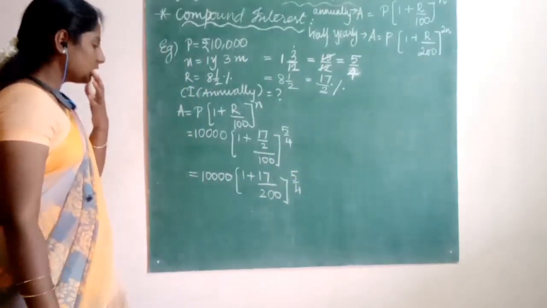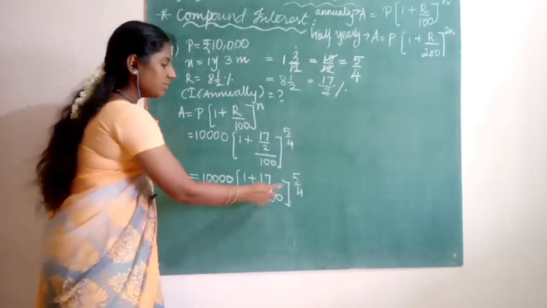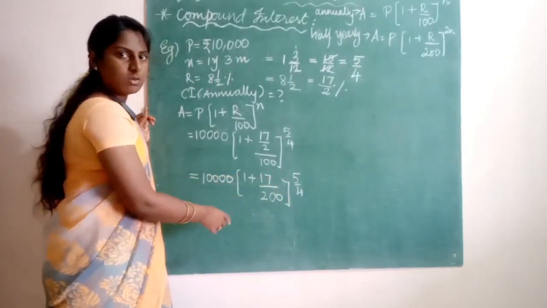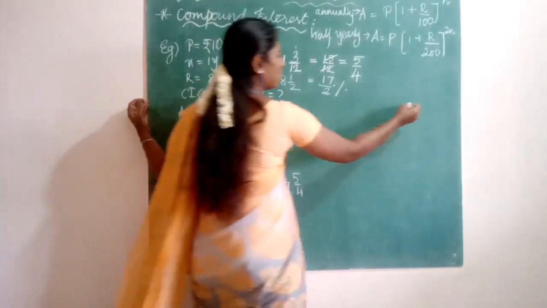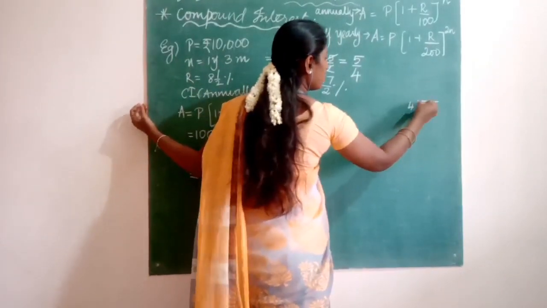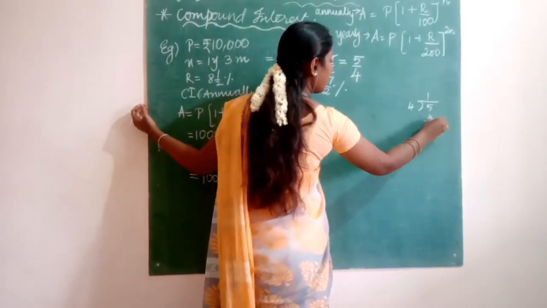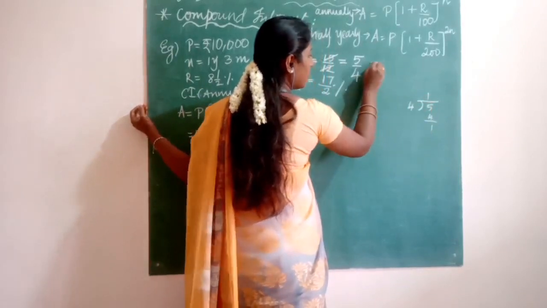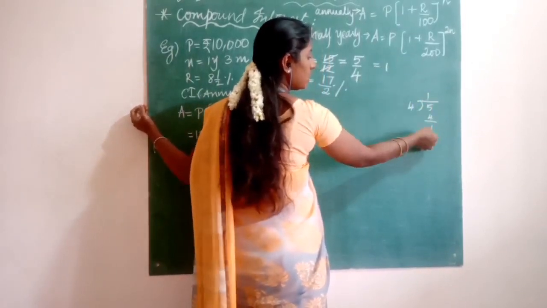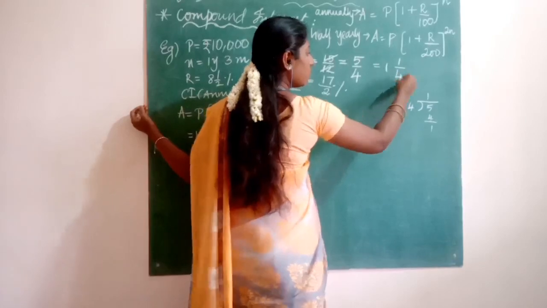Clear? Now look here, we have 5 by 4 here. So instead of 5 by 4, see here, 4, 5, 1s are 4 and 1 remaining. Instead of 5 by 4, I can write as 1 by 4.